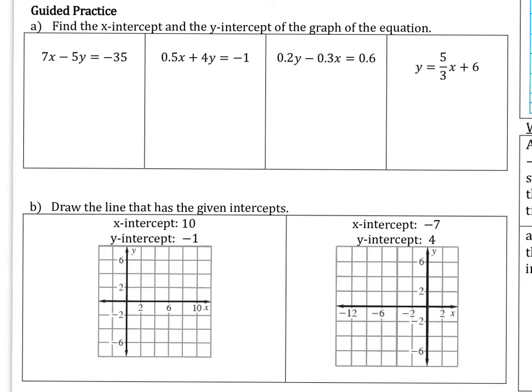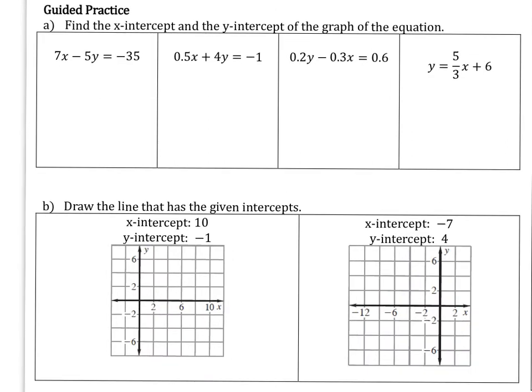Part A. Find the x-intercept and the y-intercept of the graph of the equation. So here, I'm going to make a t-chart. When x is 0, y is 7.